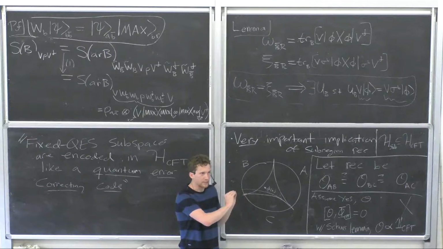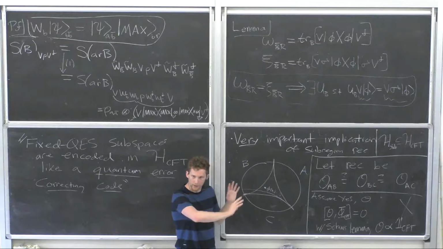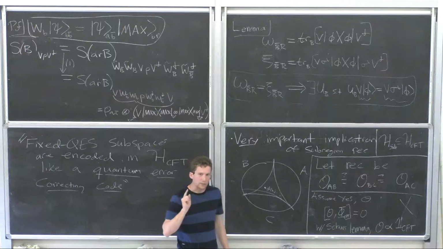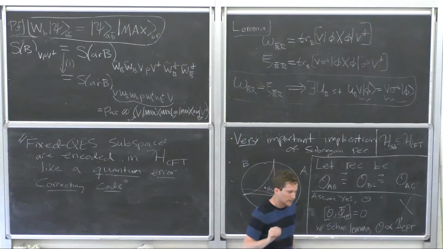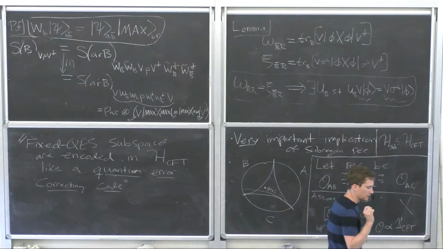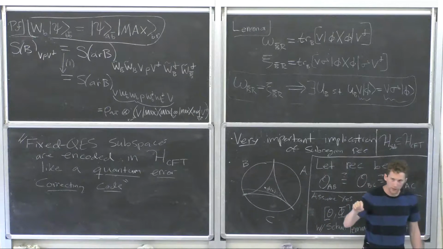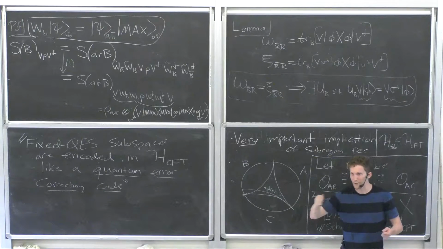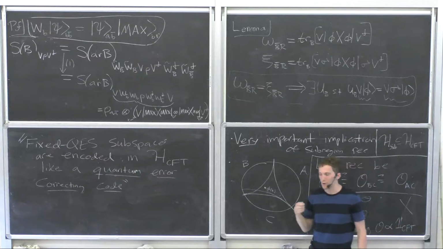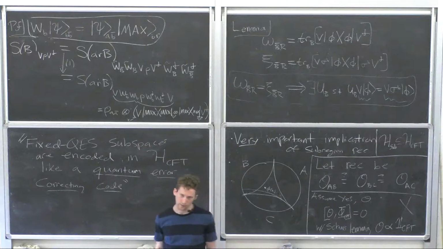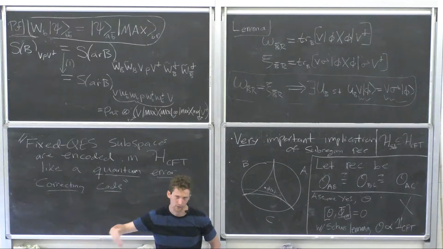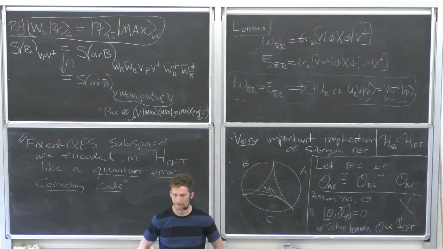But different states in the code subspace can have different quantum extremal surfaces. So now we're able to generalize away from that perspective. You can think of fixed QES subspaces as very small code subspaces, or a subspace of some larger code subspace.